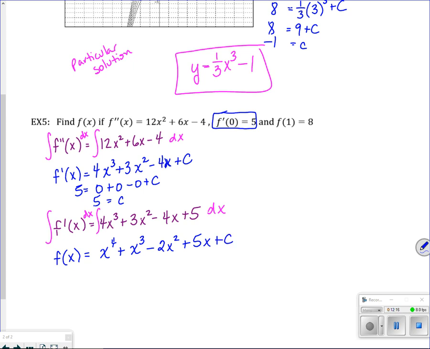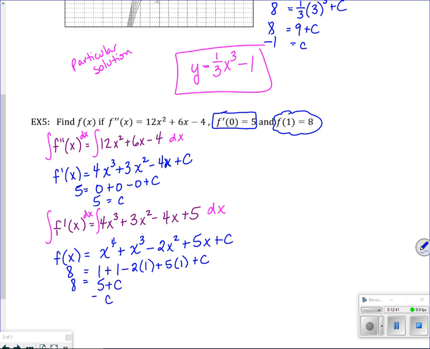Different c, obviously, and I'm going to use this information when I plug in 1 for x. I better get out 8. So what does that give me? 1 plus 1 minus 2, that's not, so 5 plus c is equal to 8.